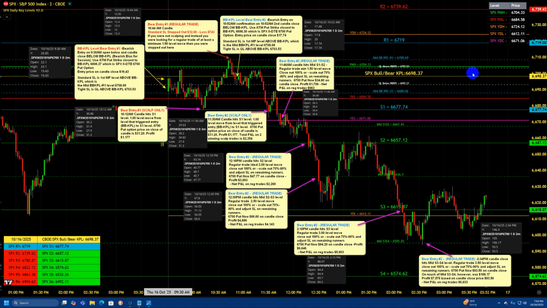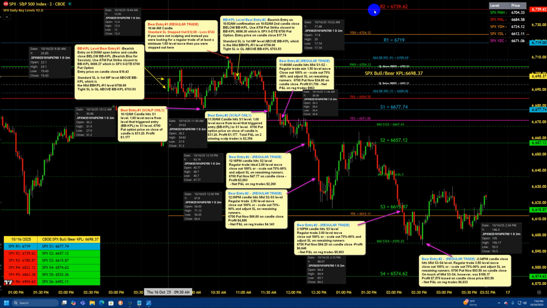Also, when you are using this indicator, as you can see here, even though we have a table down here with R1 through R6 and S1 through S6, we're not showing all the levels here. That's because we've expanded the levels out. When you first open the indicator, the levels will be more squished together, so you don't want that. You want to move your price axis here with your mouse so it will expand the levels out.